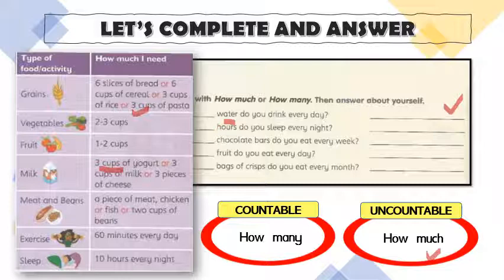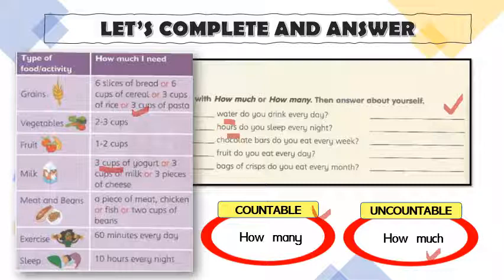So what about hours? Hours just now, can you count the hours? Yes, you can count it. So how many? So how many hours do you sleep every night? So you count. If you slept at 10, then from 10 to 6 o'clock in the morning, count how many hours. And then you write here.